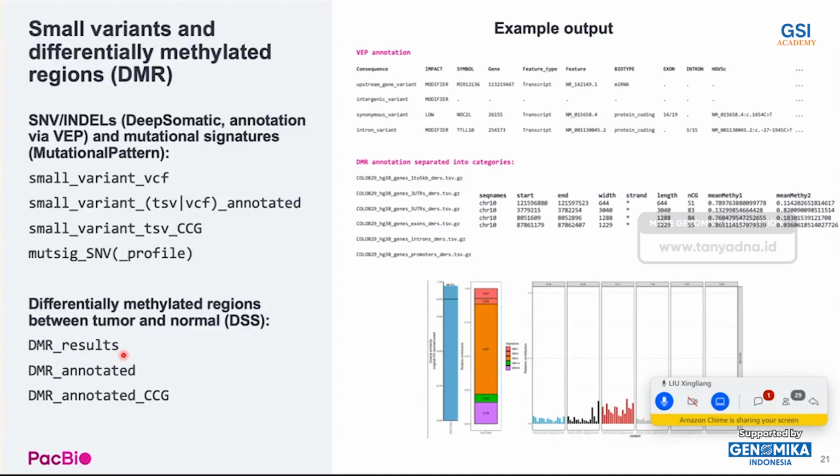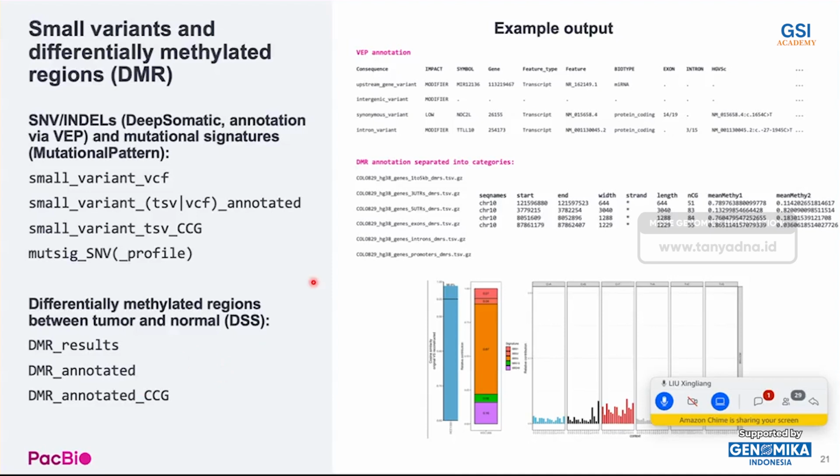For differentially methylated regions, we provide three different output folders. One is the DMR readouts. This folder contains the raw DMR regions, annotated, in TSV format. We further annotate those DMRs by overlapping them with introns, promoters, or other important genomic regions.